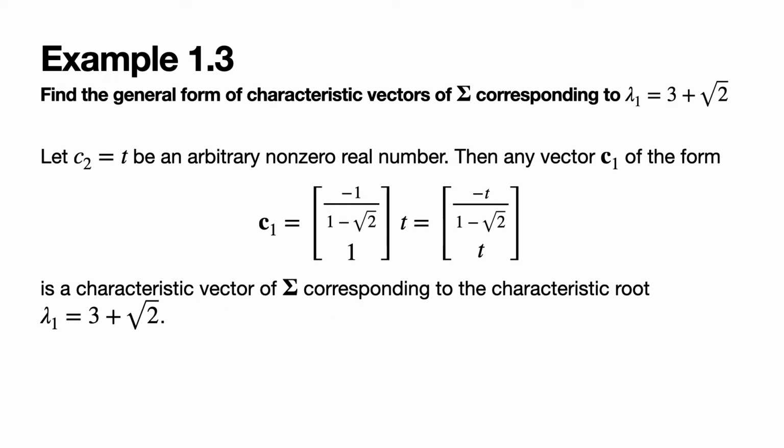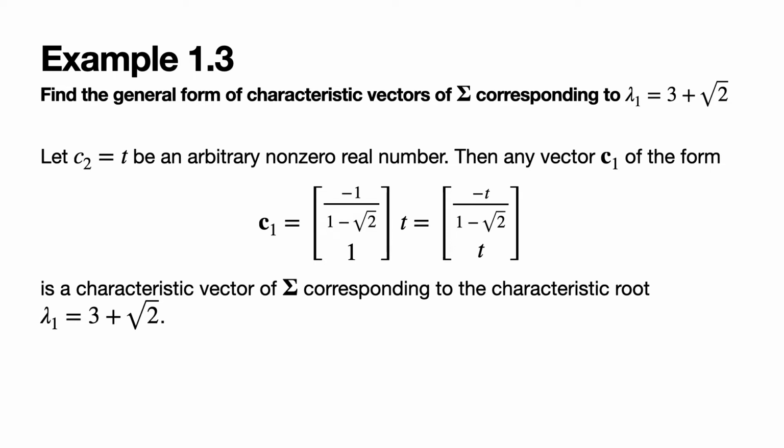So let c2 be equal to t, an arbitrary non-zero real number. Then any vector c1 of the form bold c1 equal to, and you can see here the 2 by 1 vector, we have two representations of it. The first is -1 over 1 minus the square root of 2 in the first row and 1 in the second row, and then multiplying that 2 by 1 vector by t, this arbitrary non-zero constant.